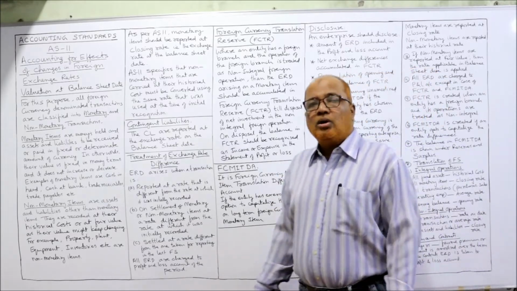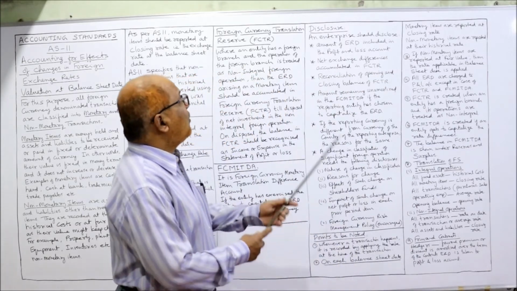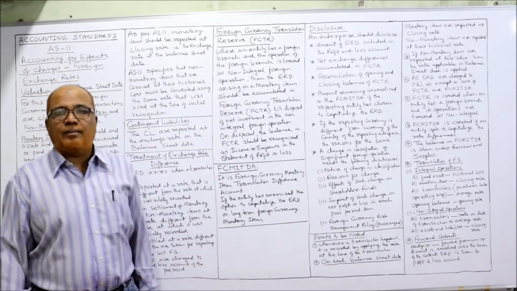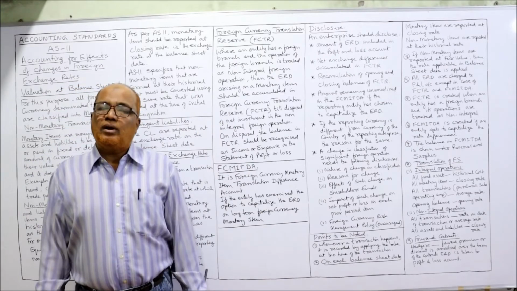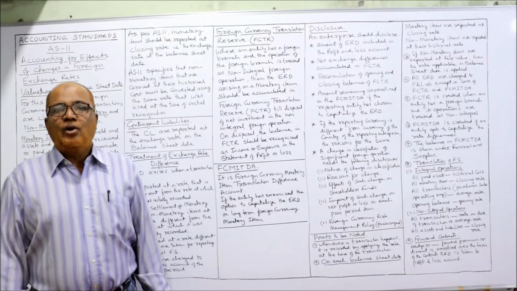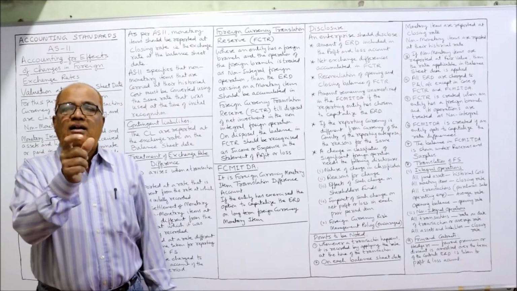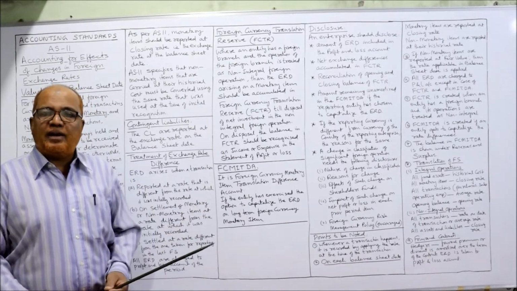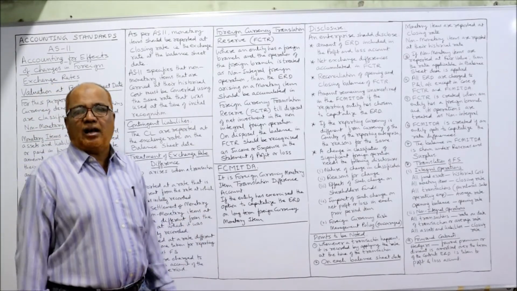Now, two concepts are there. That is foreign currency translation reserve, that is called FCTR. In examination, very frequently they will ask you to explain FCTR, foreign currency translation reserve. So here I am going to explain to you what is this FCTR.